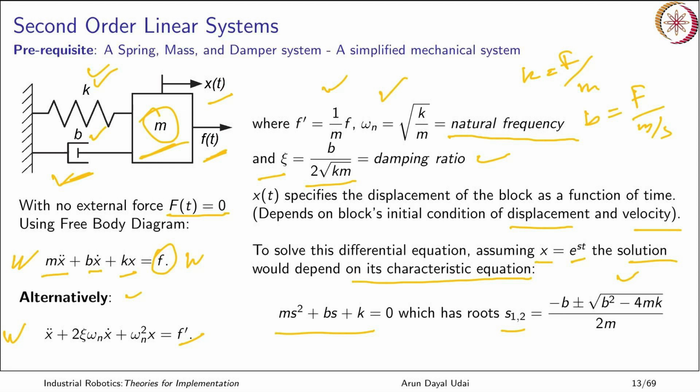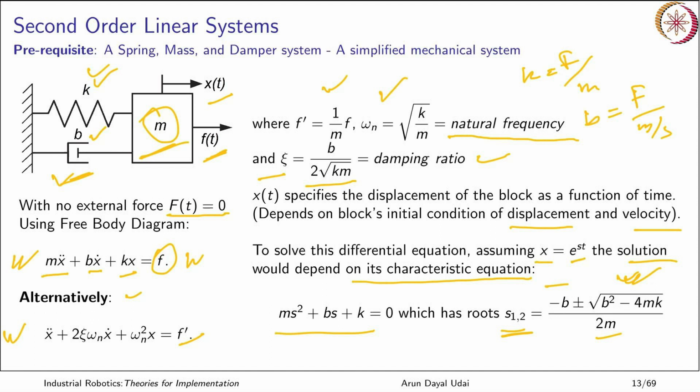What is under the square root can be positive, a real value. In case it is negative, it will have a complex value. In that case it becomes minus b plus minus a complex number divided by 2m. These s1,2 are known as the roots of the characteristic equation, and this decides the behavior of this system.